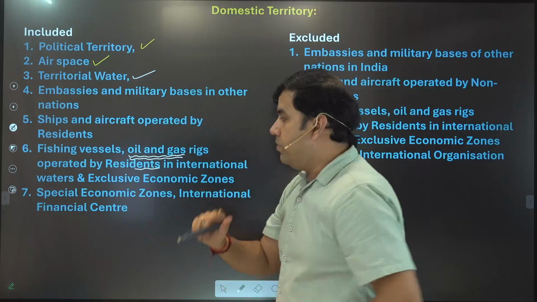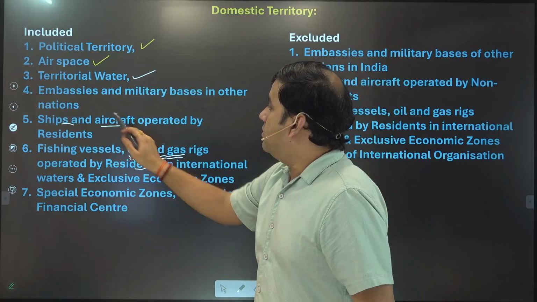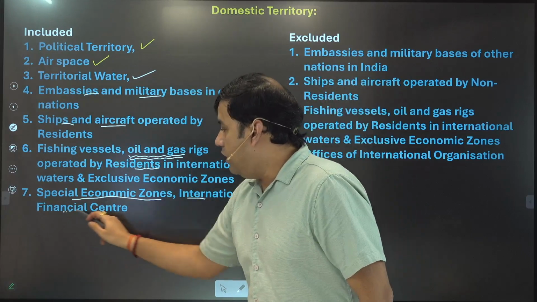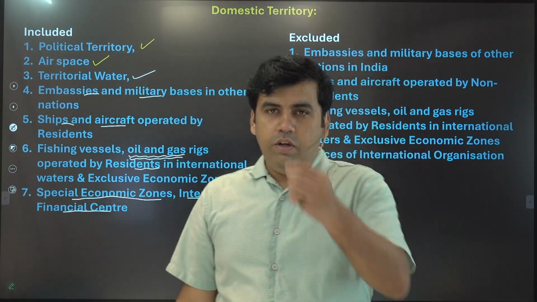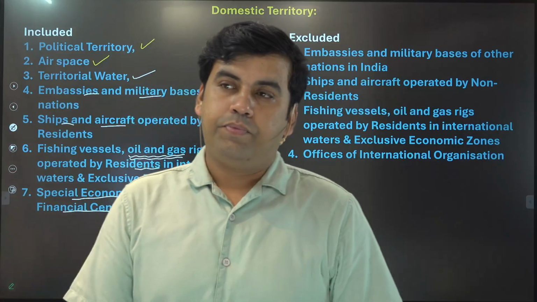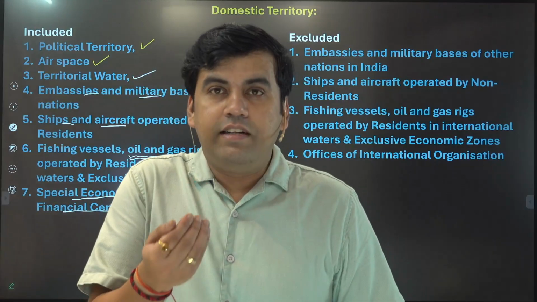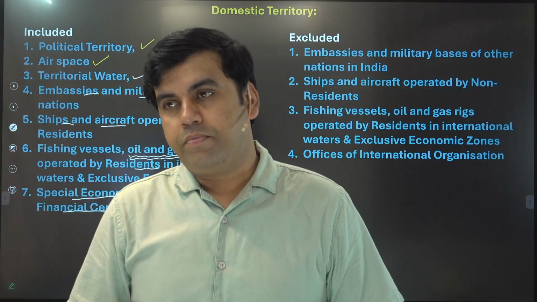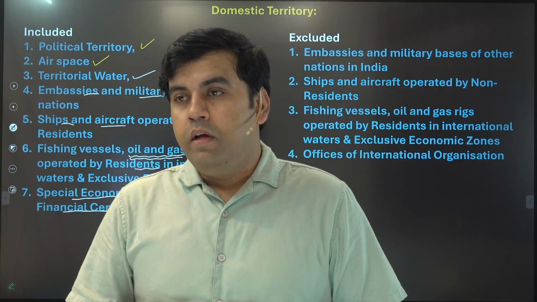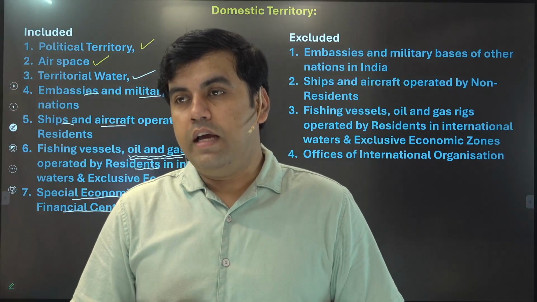That's the point. Ships, aircraft, embassies, military bases, special economic zones, international financial centers. Can you give me one example of an international financial center in India, or India's international finance center anywhere else in the world? Do we have that? IFSCA.